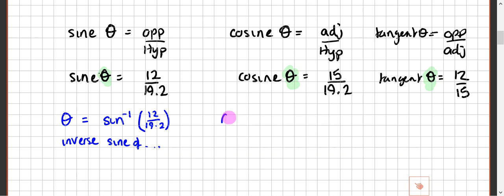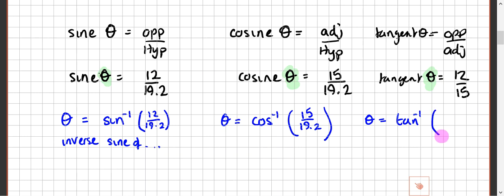This one would be theta is the inverse cosine of 15 over 19.2. This one would be theta is equal to the inverse tangent of 12 over 15. If I did the inverse sine, or the inverse cosine, or the inverse tangent, you should get theta as the same answer each time.